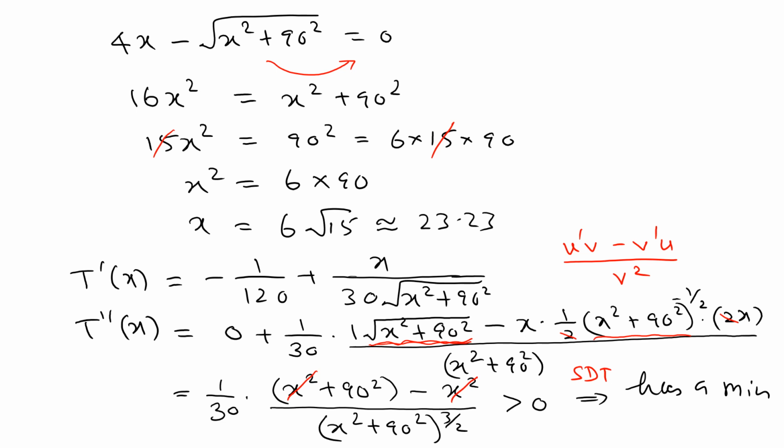So we can finalize the problem now. We know that there's a minimum at that critical point. So the critical point is this one. We can finalize it like this.